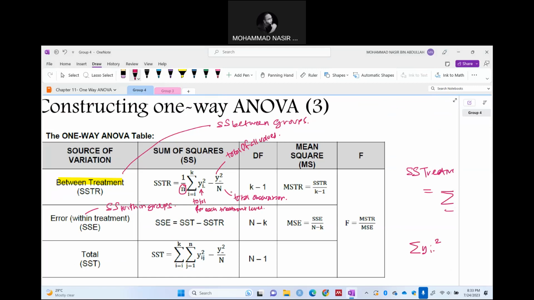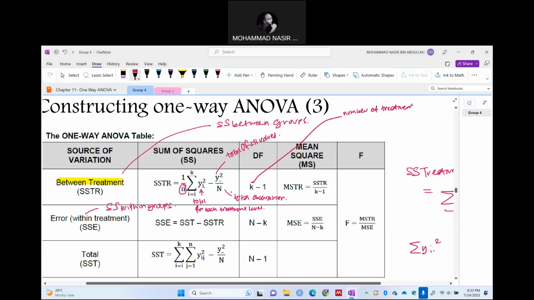Later we will look into an example of how to calculate this. So k minus 1, k is the number of treatments. When I say treatment, it means the number of groups. Treatment means group.